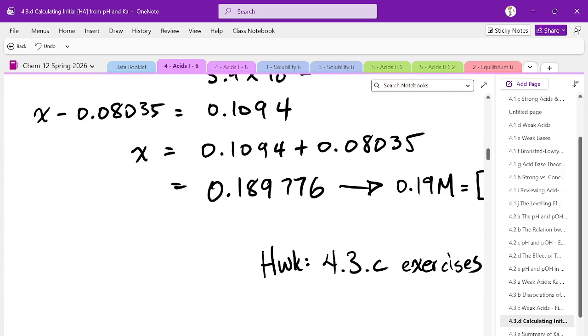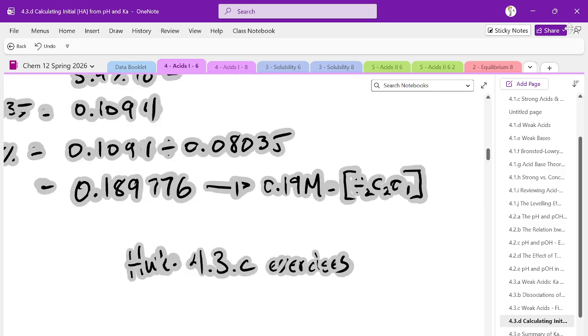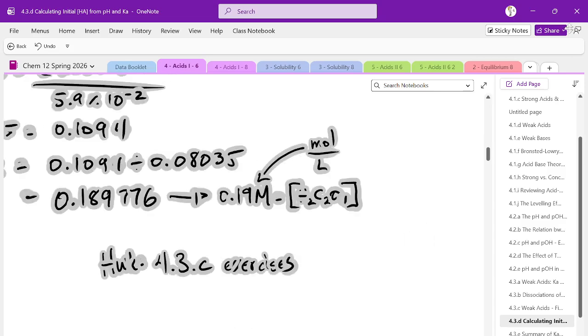How do we find the moles if we know that this is the, in fact, never mind. That is our moles per liter, right? And we know that we have 500 milliliters.